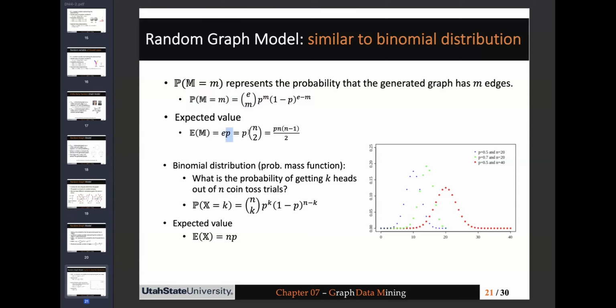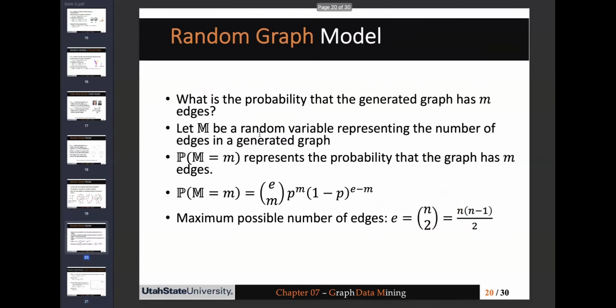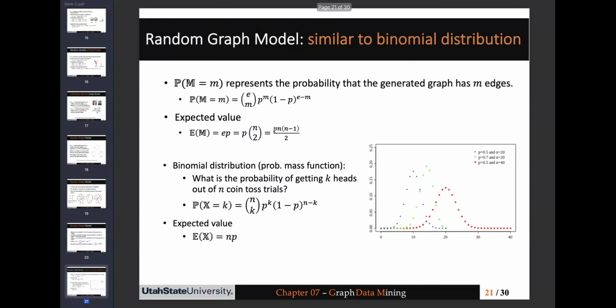So in other terms, p times n choose 2, which is all the possible ways of choosing 2 different nodes from the graph of n nodes in this case. And if you just copy the formula that we computed in the previous slide of n times n minus 1 over 2, then we get p times n times n minus 1 over 2.